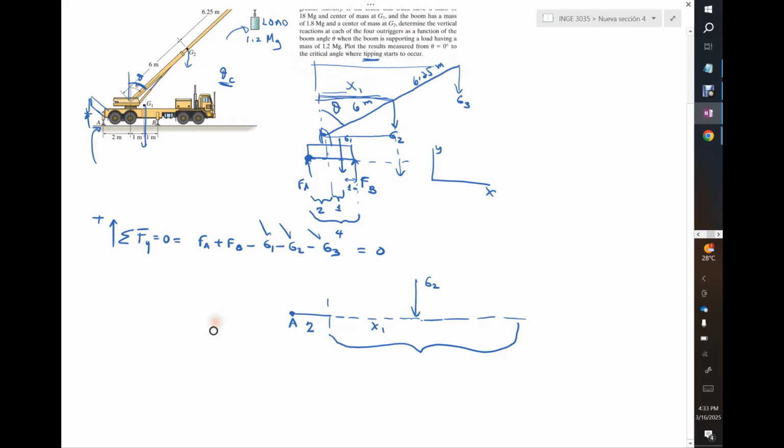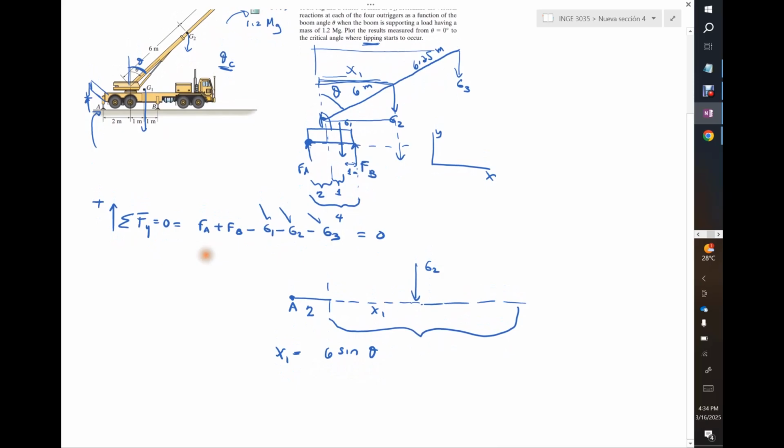So let's work on x1. That distance x1 is simple: 6, which is the hypotenuse, times the sine of theta. So that would be 6 times the sine of theta. And x2 will then be the sum of these two, because this is the longest distance.